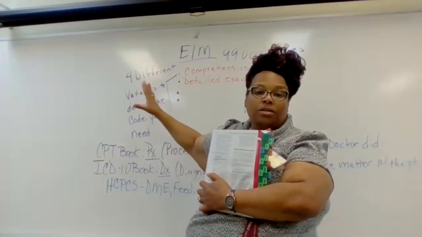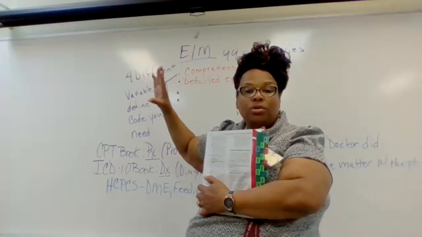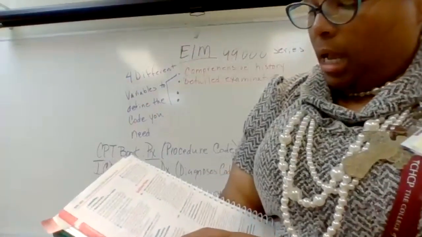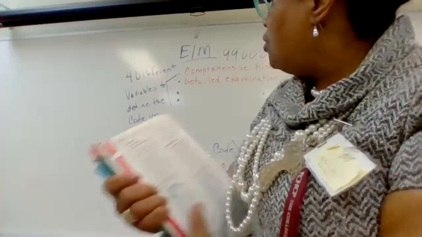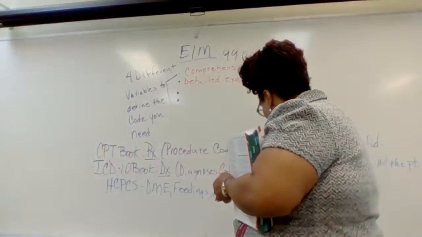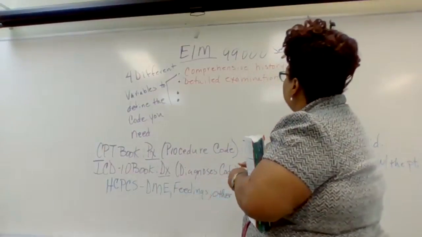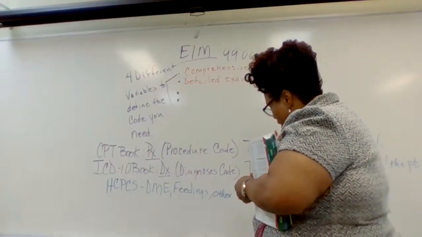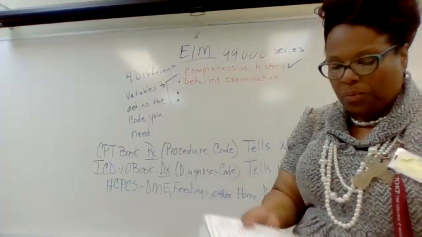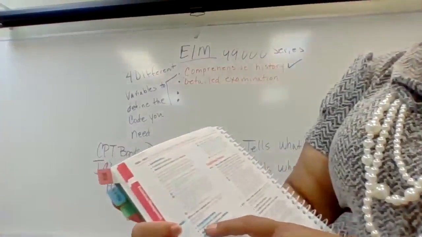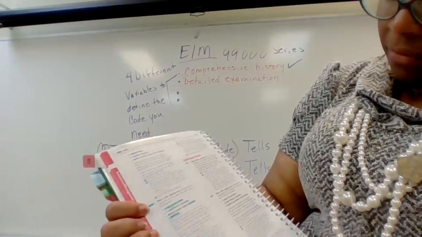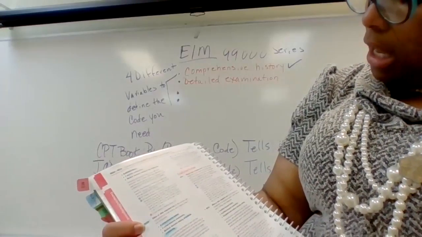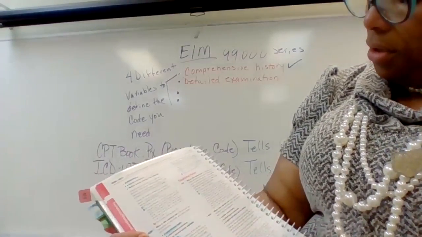It's the same terminology. It's just all about the connotation of how you use that word, okay? Now, so we have that. Check. Let's check that out. Comprehensive. Okay, we found that. Comprehensive. Now, let's look at another one. Let's see. 99204 says comprehensive. 99205 says comprehensive. Oh, wait, I'm sorry. This is still new.